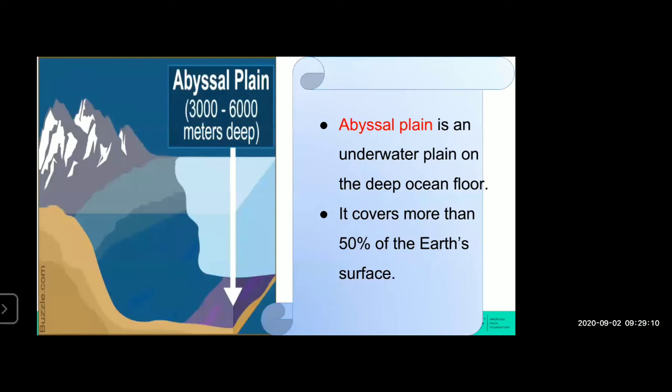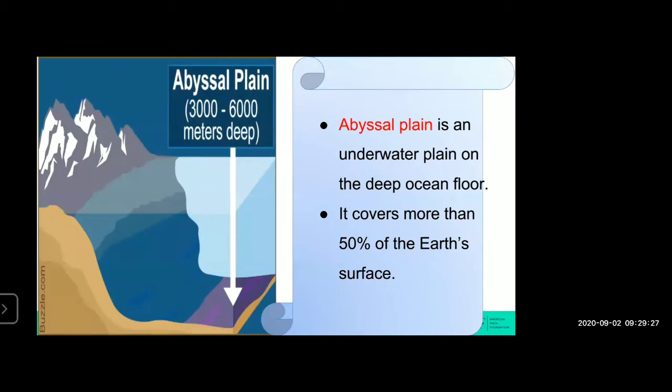This plain consists of various submerged landforms like hills, plateaus, valleys and many more.